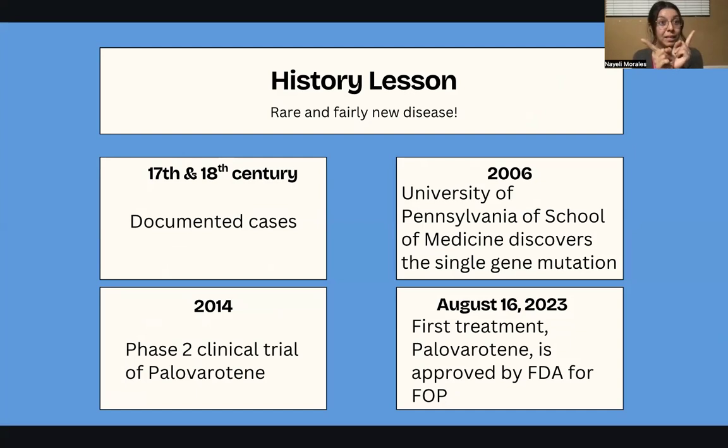Remember those two that make two different types of FOP? Yes, those genes. In 2014, phase 2 of the clinical trial for palovarotene started. In this phase, they started to give the medication to adults, and then they began enrolling children to then give it to them.